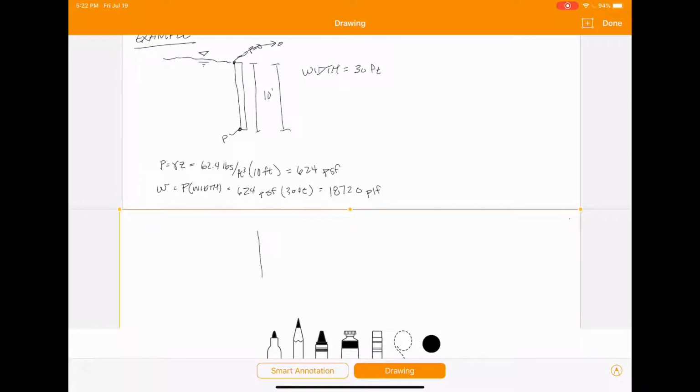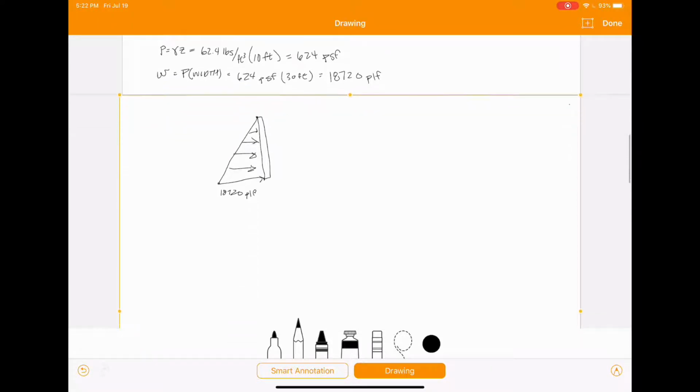And so if we redraw our gate, we know that pressure intensity is 0 up at the top, and then down at the bottom it's going to be 18,720 PLF. And then you just connect those with a straight line. And you've got that loading action there.